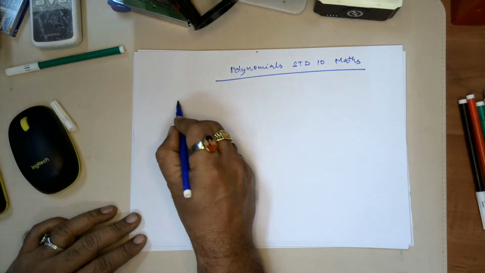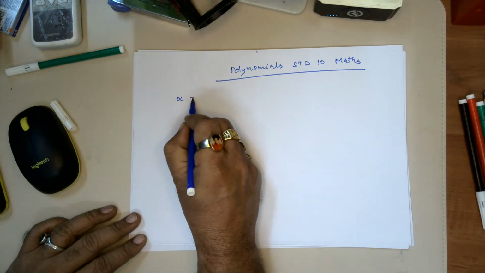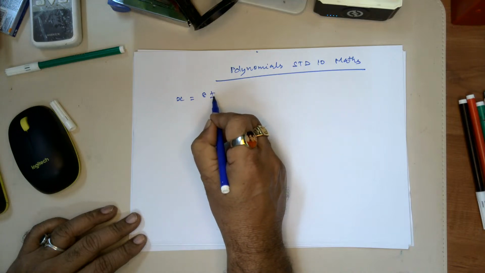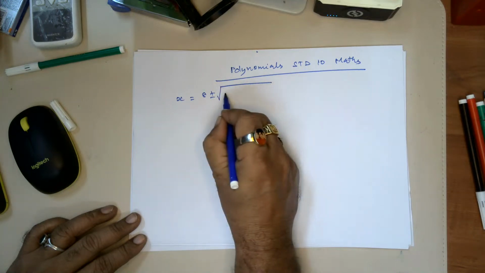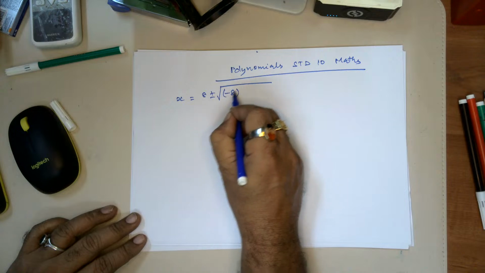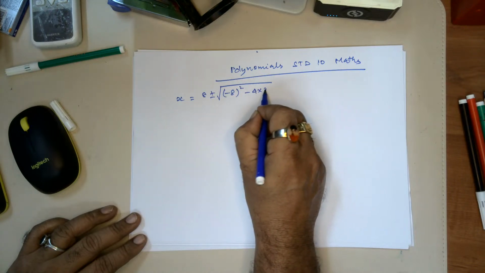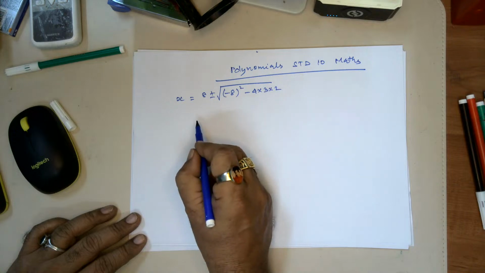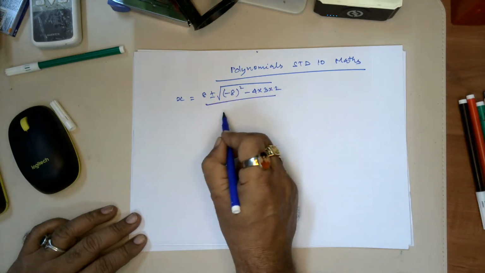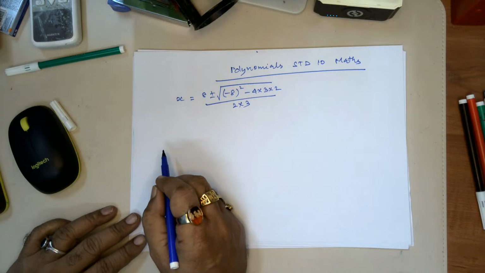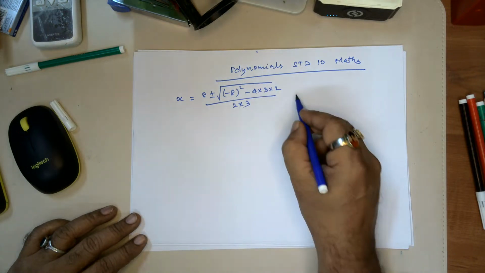If x is equal to 8 plus or minus the whole square root of (minus 8) whole squared minus 4 into 3 into 2, whole divided by 2 into 3. Now find the required polynomial.